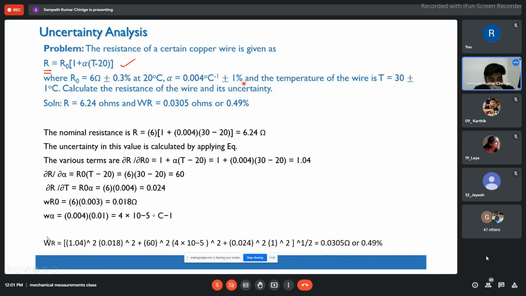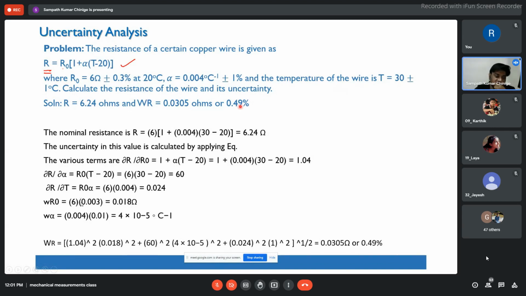Next, omega alpha, your deviation. He has given 0.3% in terms of percentage. For 100 it is 0.3. For 6, how much?